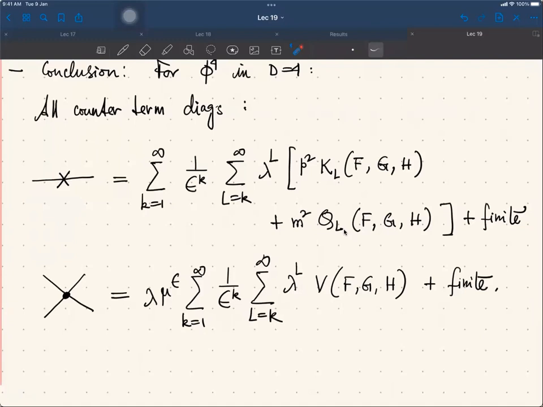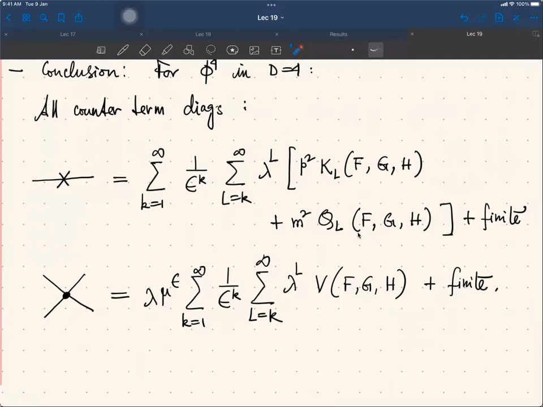That will be the feature for any renormalizable theory. If the interaction is renormalizable, if the coupling is dimensionless for a theory in a particular dimension, you will find the spectrum of primitive divergences, in this case omega equals 2 and omega equals 0, and correspondingly an infinite number of diagrams for each of them.